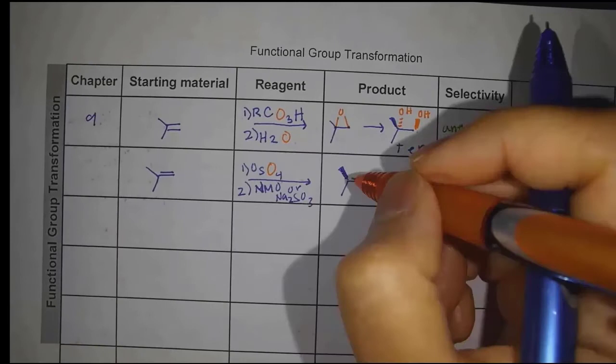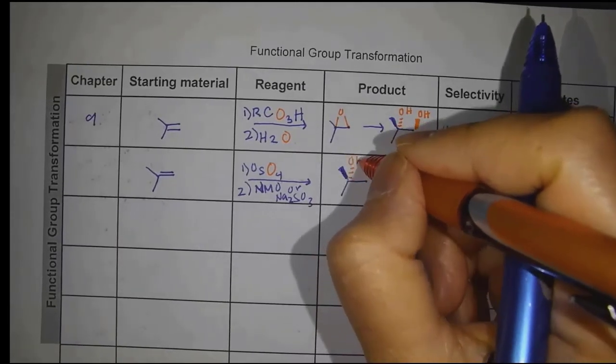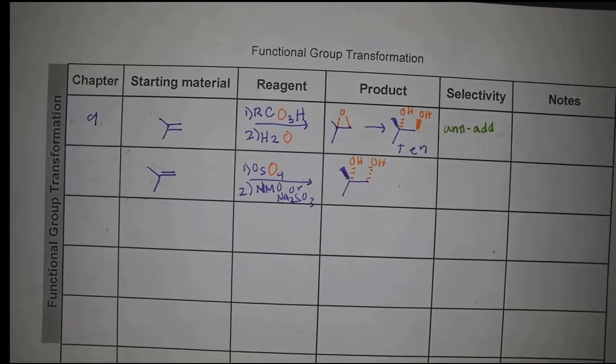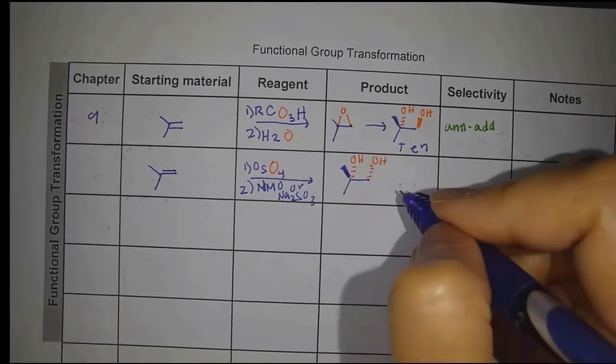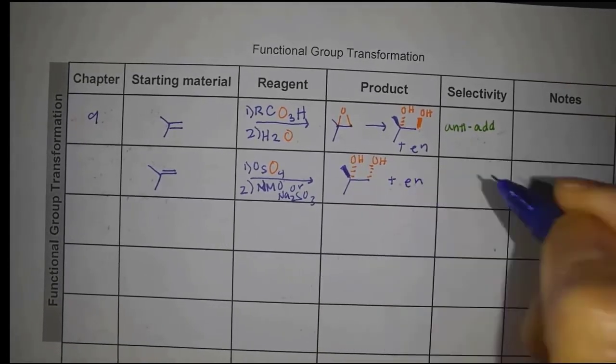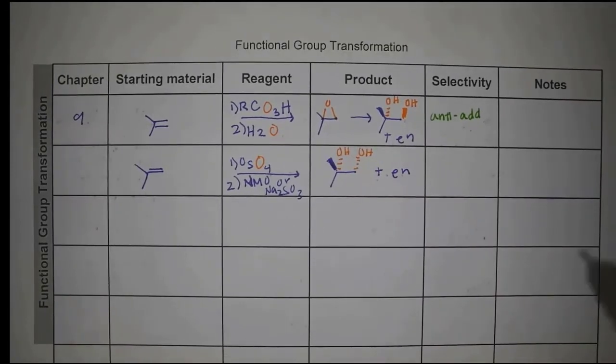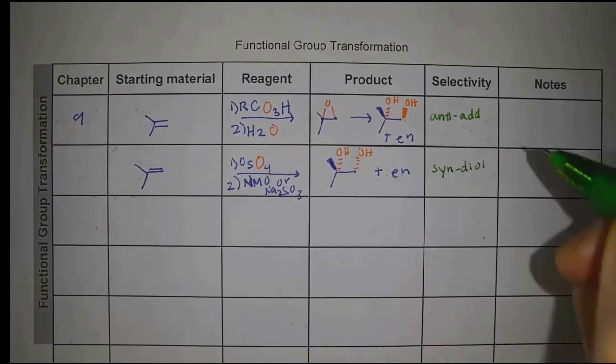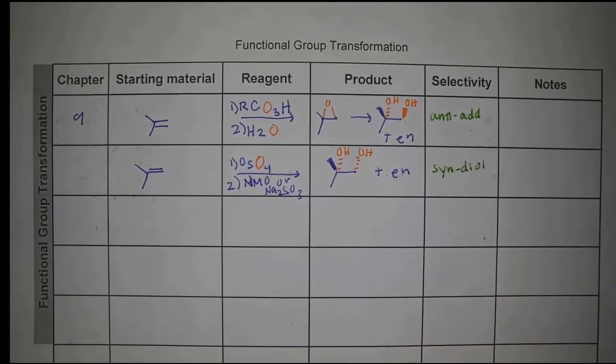This one will give you a syn diol. So if you want your alcohols on the same side as each other, you would use the osmium tetroxide. So you would get this product plus the enantiomer. And this will give you a syn diol. So they're both on the same side.